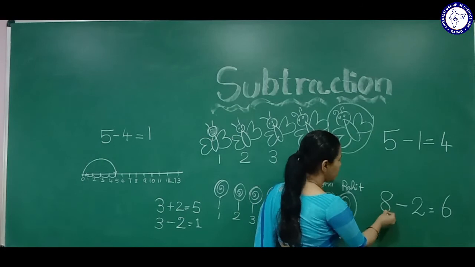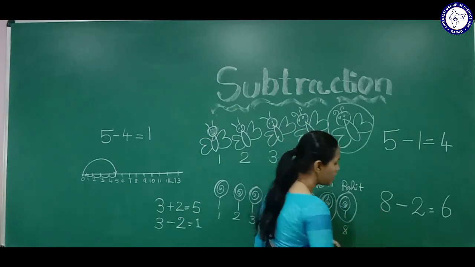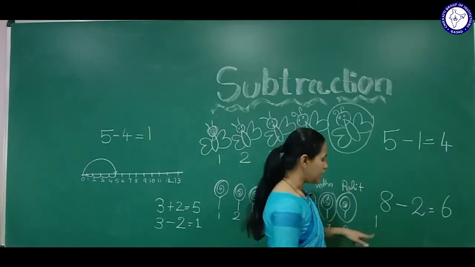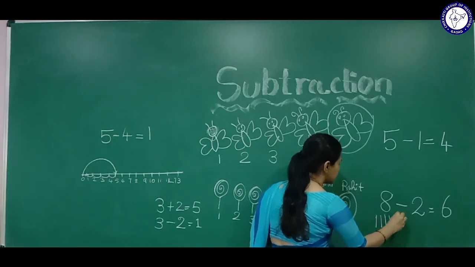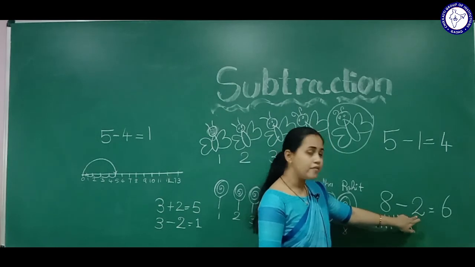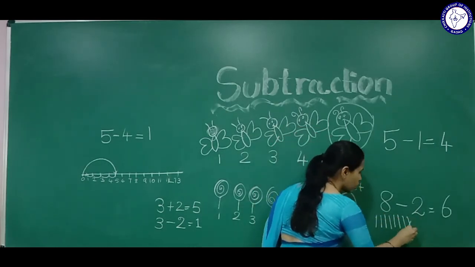Okay, here how many numbers can you see? 8, right? So we can put the lines. How many lines do we have to put? 8. 1, 2, 3, 4, 5, 6, 7, 8. Right? How many do we have to take out? 2. Right? So we can cross it.